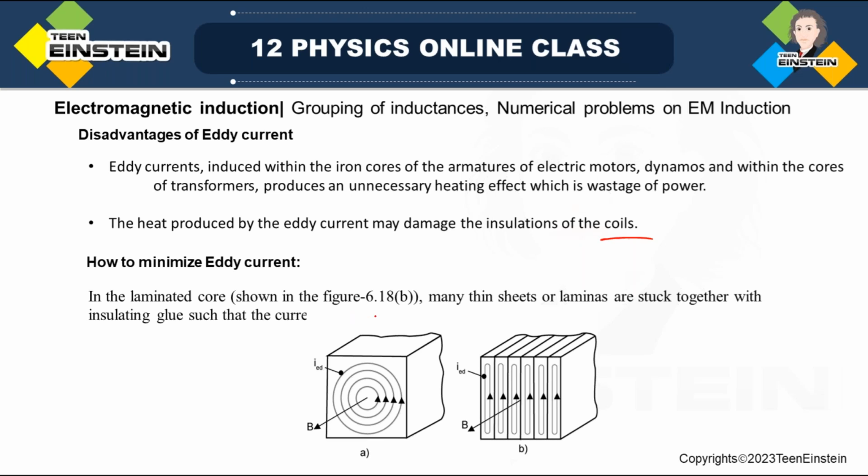So even so, we have to use the armature and the core materials within the electromagnet or in the motors. We cannot avoid that. But what are the ways to minimize the eddy current effect? One way is shown here.